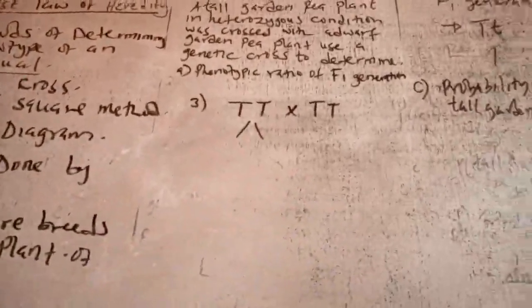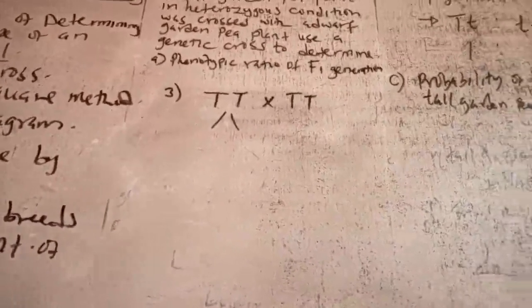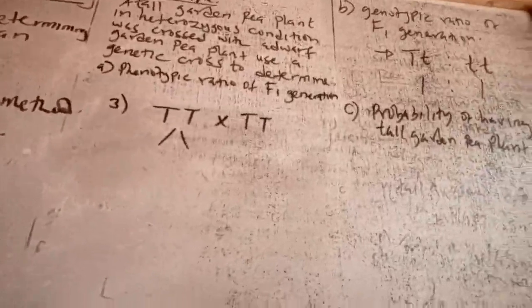He realized that all of them were purely tall. It means that after he made that cross, all of the F1 generation which was obtained was of tall variety.